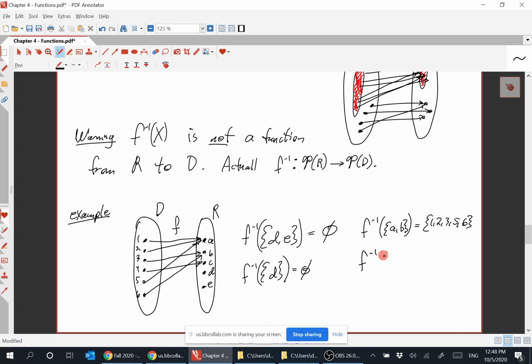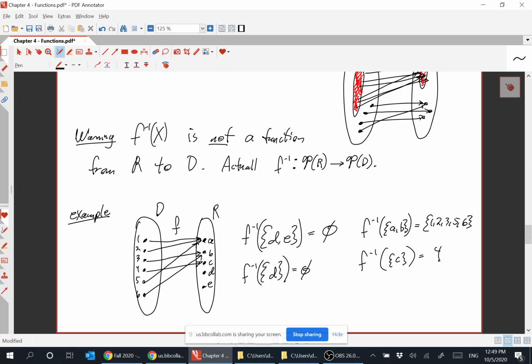The pre-image of just C by itself. Four. Is that right? I mean, yes and no. It's right, but yet it's not right.